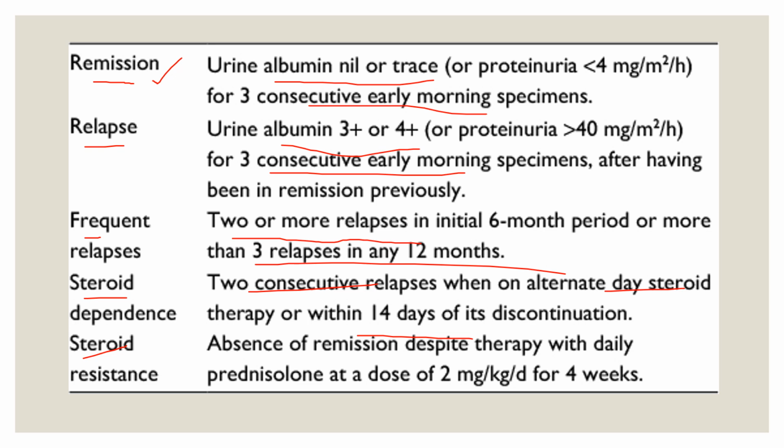It's called steroid dependence. Steroid resistance means absence of remission despite therapy with daily prednisolone at a higher dose of 2 mg per kg per day for 4 weeks. That's called steroid resistance. So you classify into different categories and treat them accordingly.